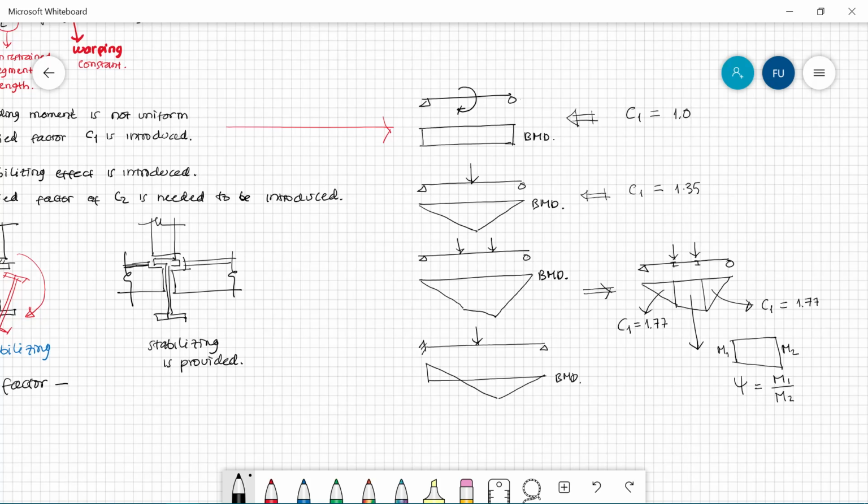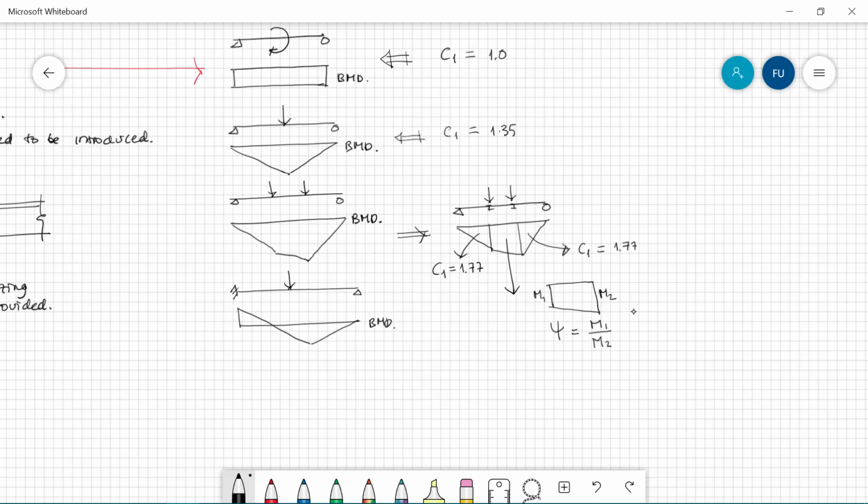The value of C1 is determined by the value of the ratio of bending moment. Later we discuss in detail the contribution of the ratio of bending moment to the value of C1.